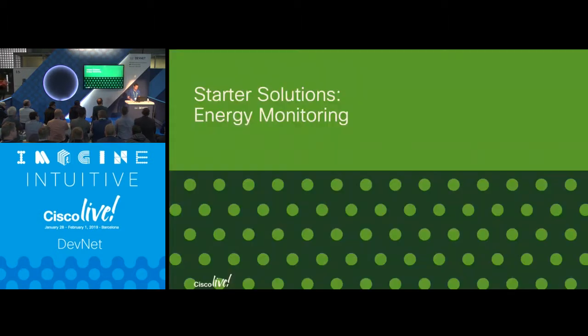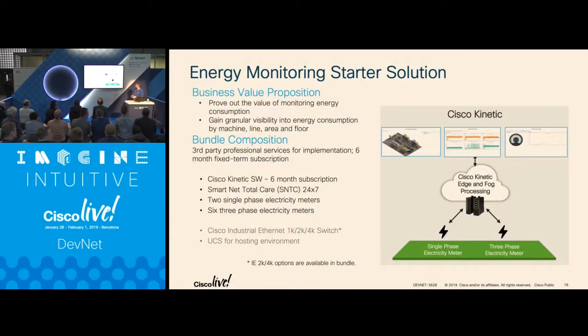It really doesn't matter. So the first one is on energy monitoring. What we do with this one is coming from the traditional, I have a factory floor, I have equipment, and I don't know how much energy is consumed by all those different equipments. Those equipments can be CNC machines or anything like that.